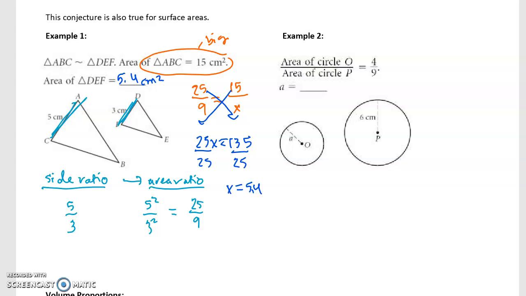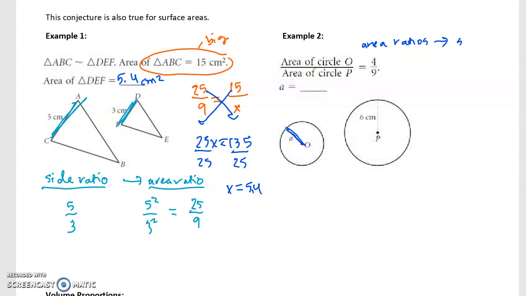Okay, let's apply this to the circles. So again, all circles are similar. In this problem, okay, again, I apologize for the garbage trucks. In this problem, I'm giving you the area ratios, and we're looking for a radius. So, we know the area ratios, and again, this is small to big.